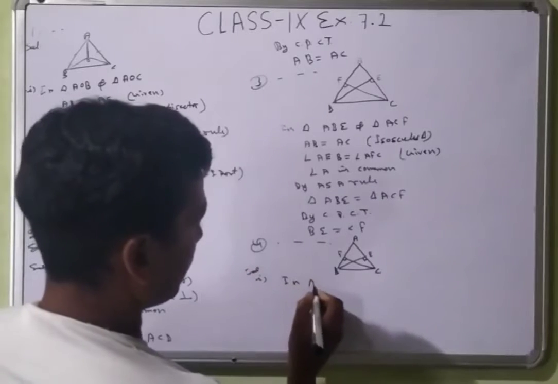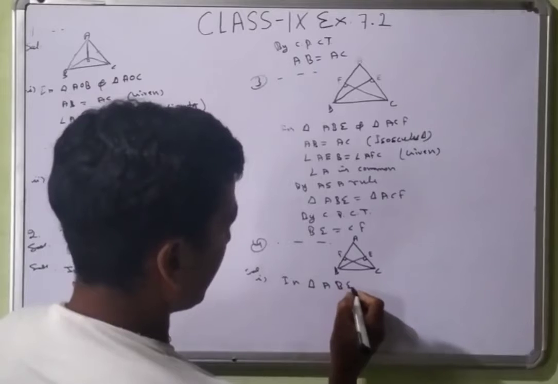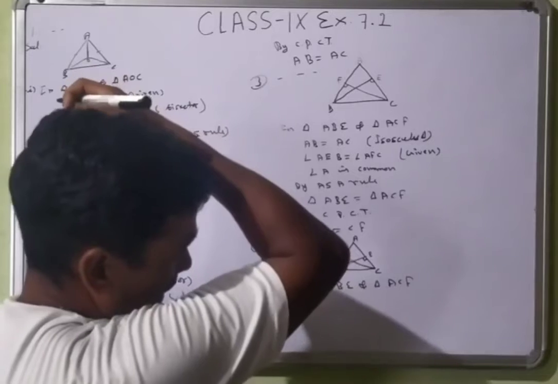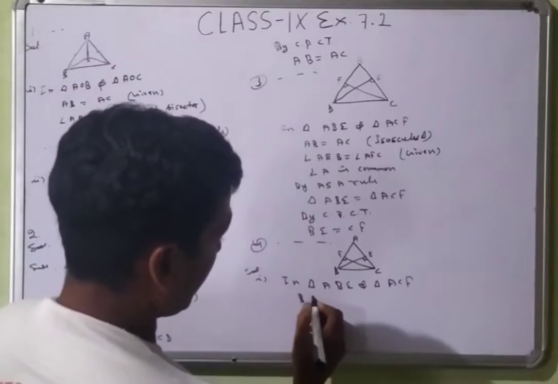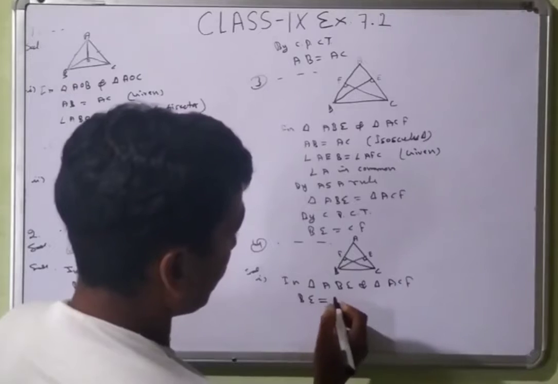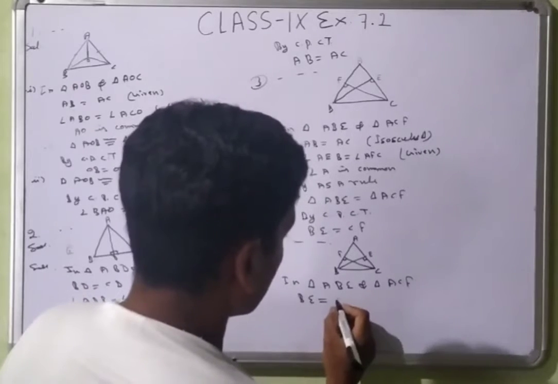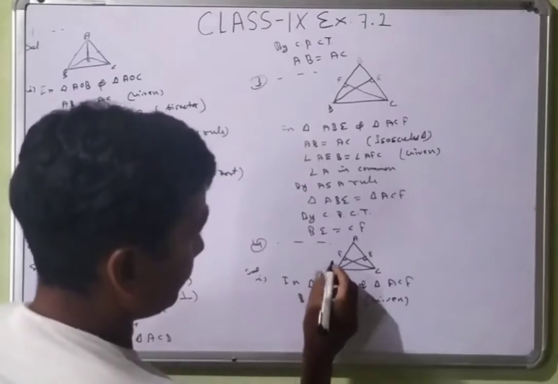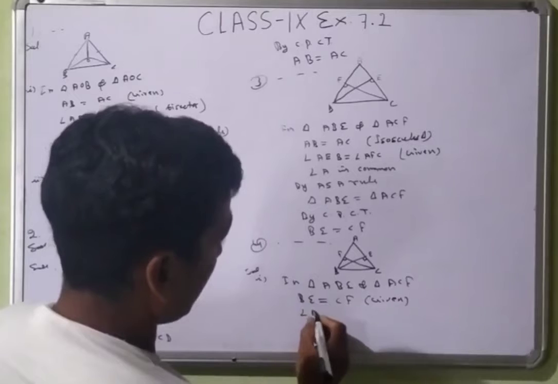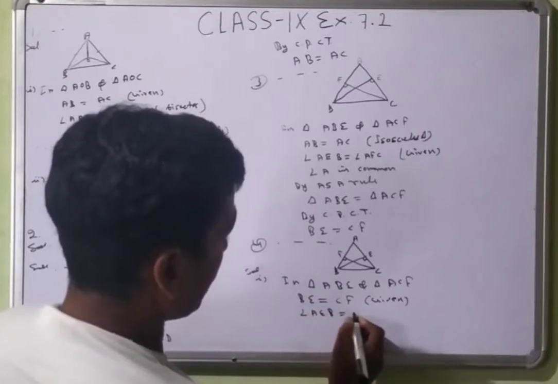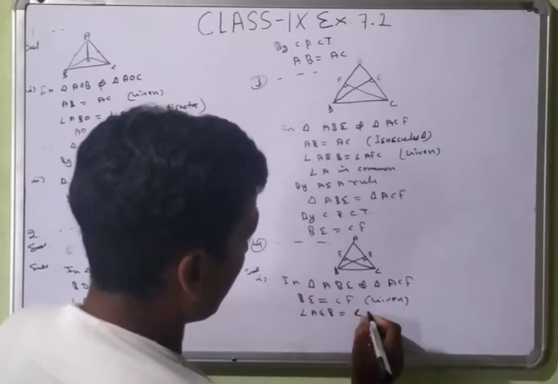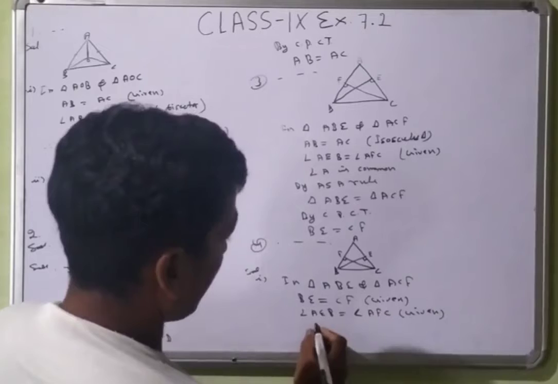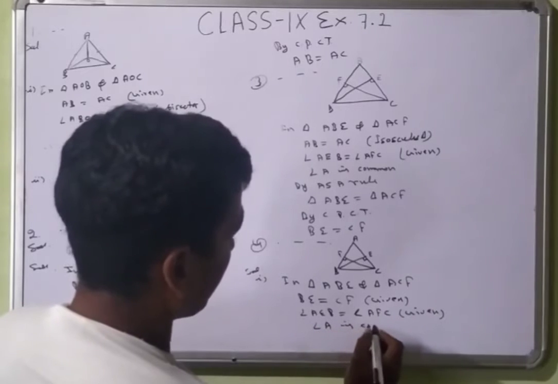In triangle ABE and triangle ACF, BE is equal to CF. That's given in the question. Next, angle AEB is equal to angle AFC, also given in the question.